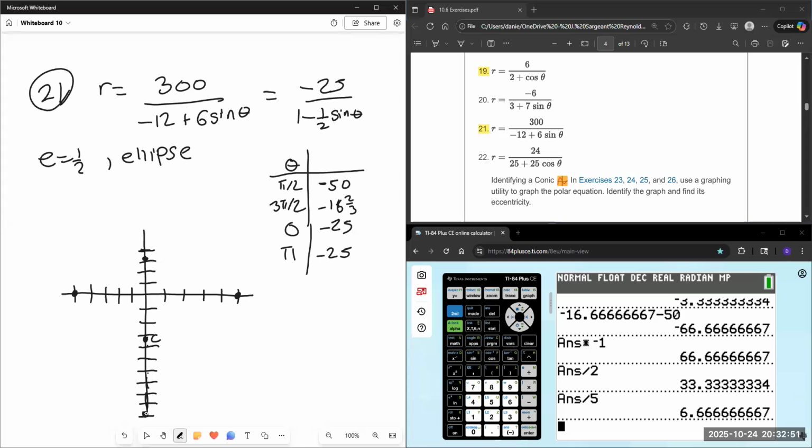And so I have a center line that is out here somewhere.